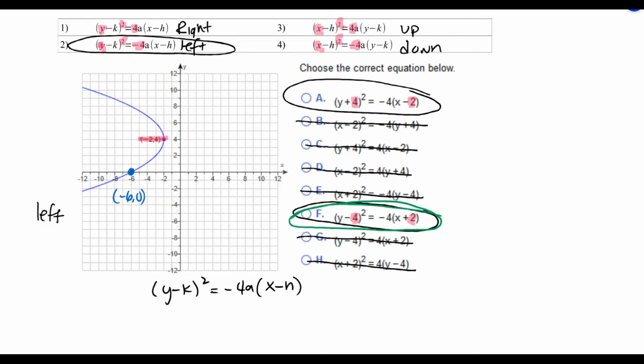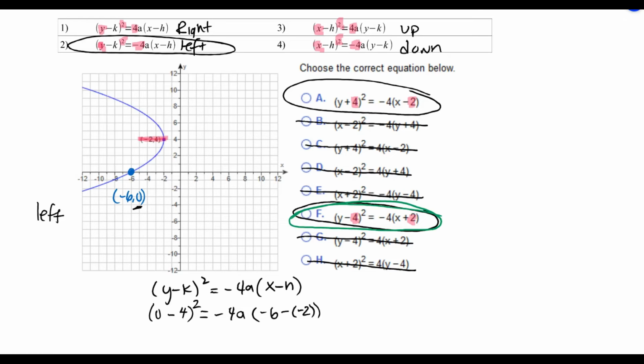x minus h. And I would substitute in for the vertex that y of 4. And actually, in for y, I would also put in the y coordinate from this point and the x coordinate for that point, as well as the x from the vertex.